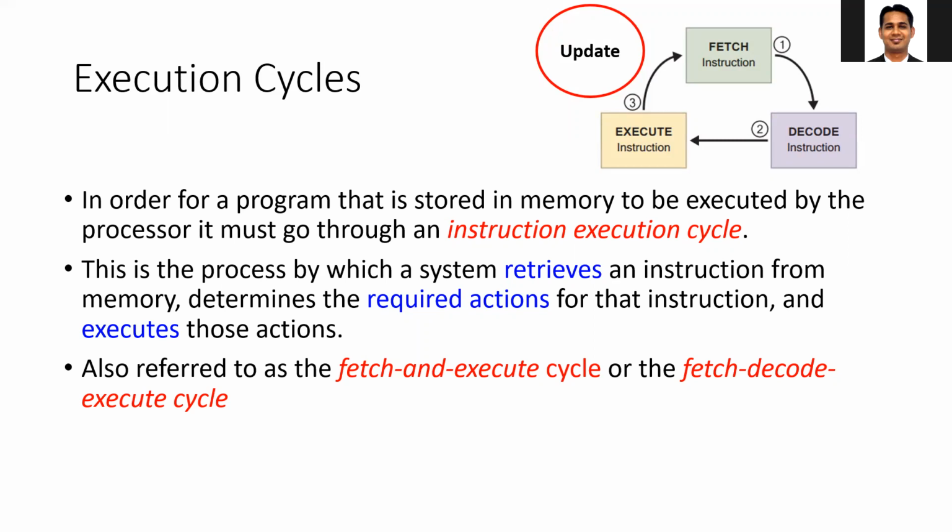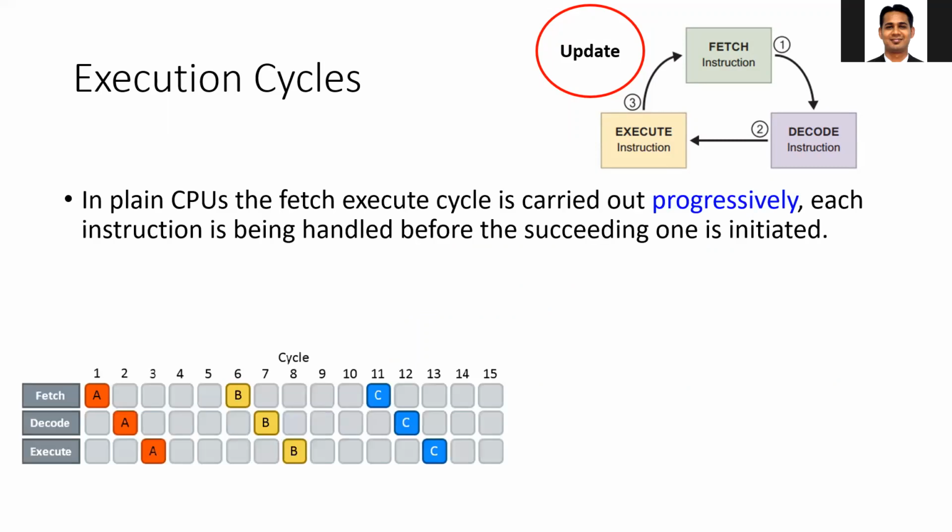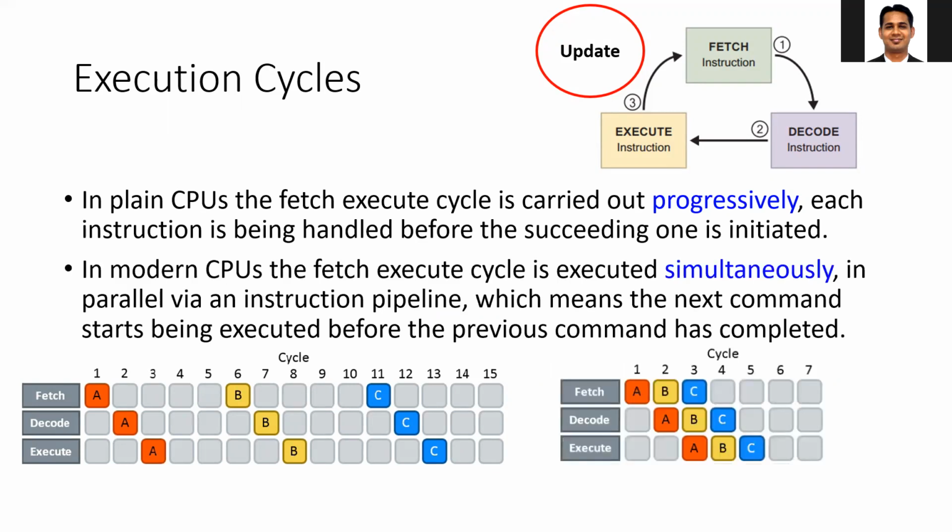In a plain CPU, which is a simple CPU, your fetch, decode and execute cycle may be carried out progressively. That means at a time only one task is being executed, either fetch or decode or execute. However, in today's modern CPUs, the processors are pipelined, which allows these three stages to be executed simultaneously in parallel.